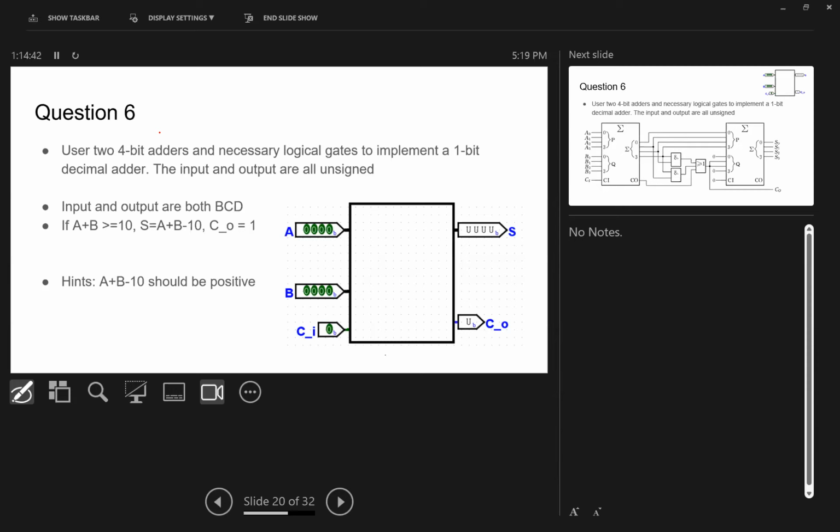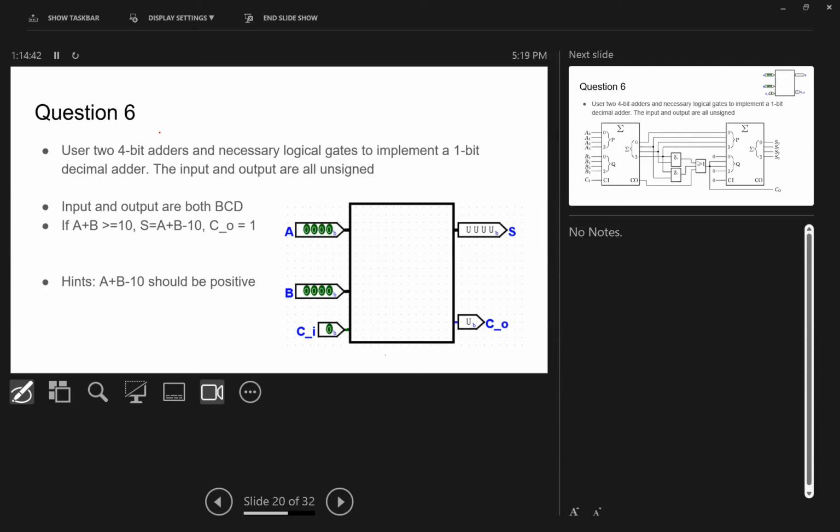That's the summation result of A plus B. Under which conditions can this 5-bit result be larger than or equal to 10? Let's think from the MSB, because it's quite similar to the computing maximum circuits we talked about last time.